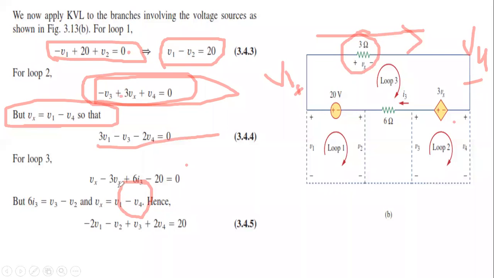After that, we have again a loop 3. So we have to write one more equation. And again, you just apply KVL here.